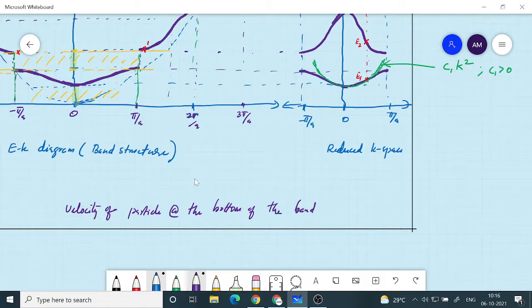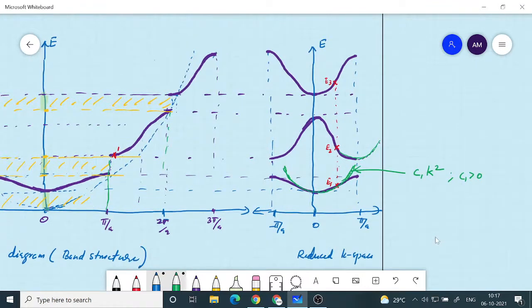If you are in this part of the band, where you take energy or momentum corresponding to the bottom portion of band 1 or any band, then you can talk about it here also. The second band also you can talk about, because these points are basically the same as this point, so there is a parabola here also. So for any band you take, the bottom of the band has a parabolic relationship. Of course, the parabola will be different for different bands. The curvature of the parabola may be different, so these constants may differ.